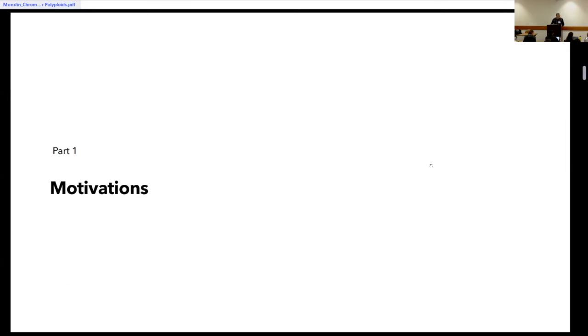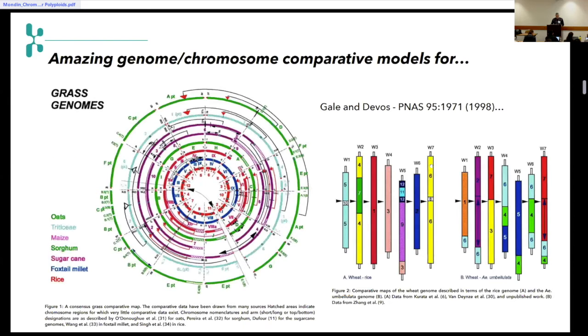Right, so about the motivations for this work, it is because we have amazing comparative genome analyses in different models, like in cereals. This very classical work made by Gale and Devos is pretty amazing, helping us a lot about the chromosome structure and how these chromosomes are behaving during the evolution, and of course how the genes are distributed along the chromosomes.